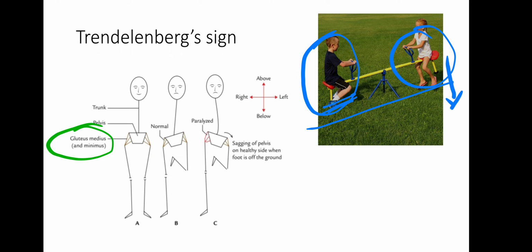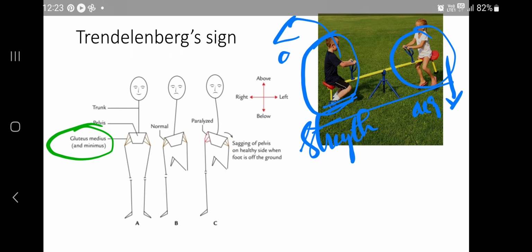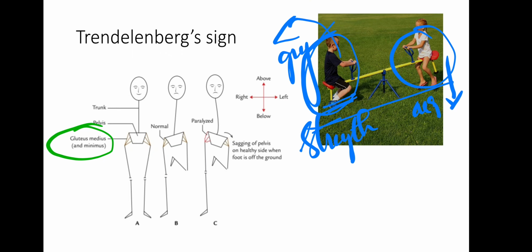If the boy lets go, the girl will drop down. Or if the boy maintains his strength, the girl continues to stay in the air. It all depends on the strength of the boy.